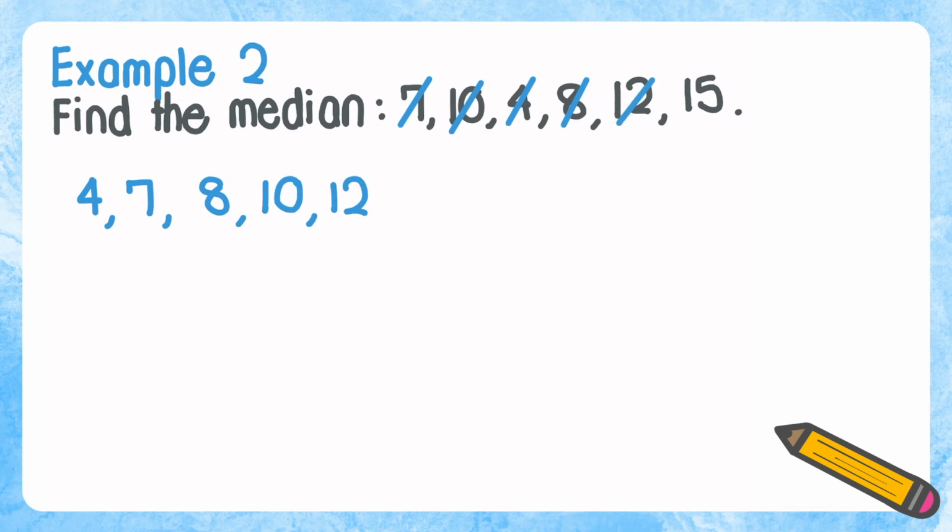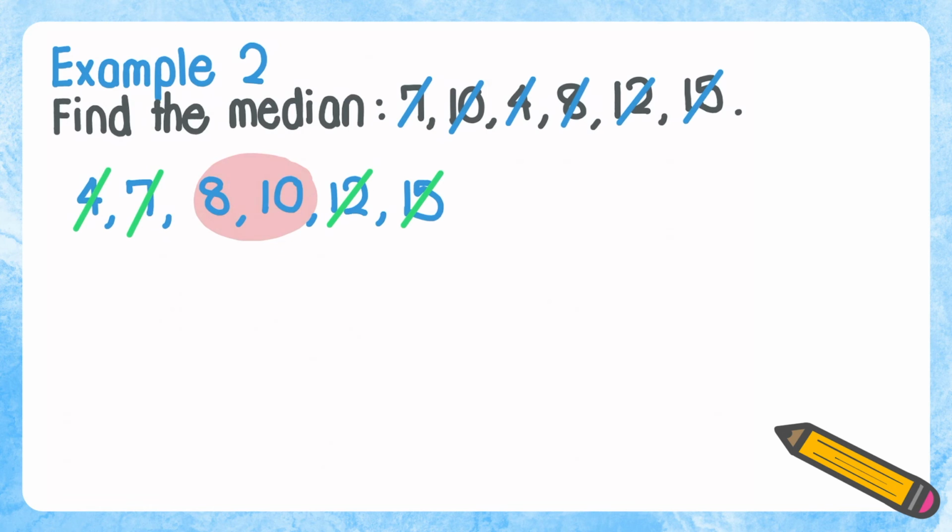Again, make sure you aren't missing any numbers in your reordered data set. So like earlier, I'm going to cross out the numbers from each end. And notice here that I have 2 numbers in the middle, 8 and 10.